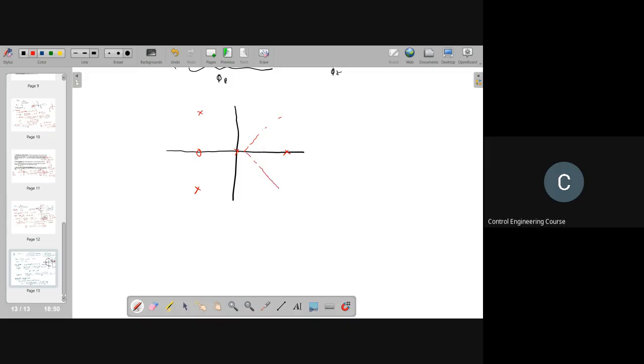And this is the breakaway point, and here it is 1.86, so this is breakaway and this is break-in point. So the overall plot looks like this.